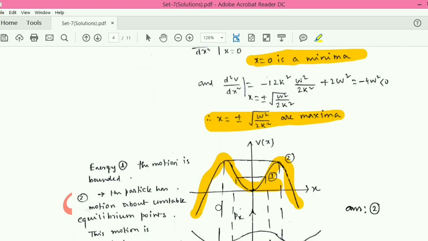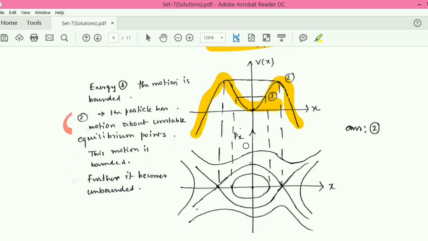Okay. Now to draw the phase space, we have to draw a curve between momentum and position. As you can see, suppose this is energy level 1. For energy 1, the motion is bounded, so we get an ellipse-like structure. Now how far is it bounded? Up to this point, it reaches its maximum limit.